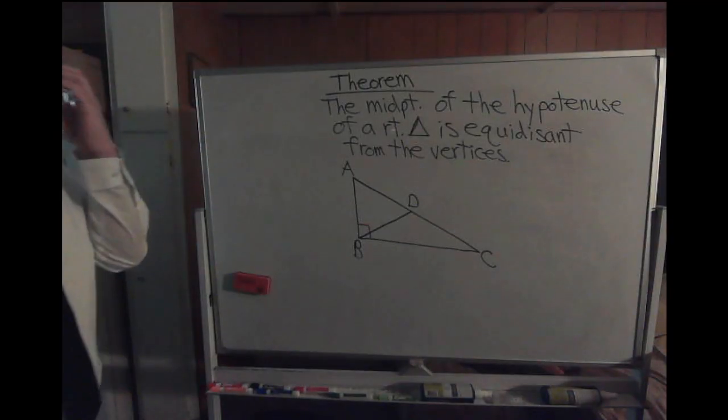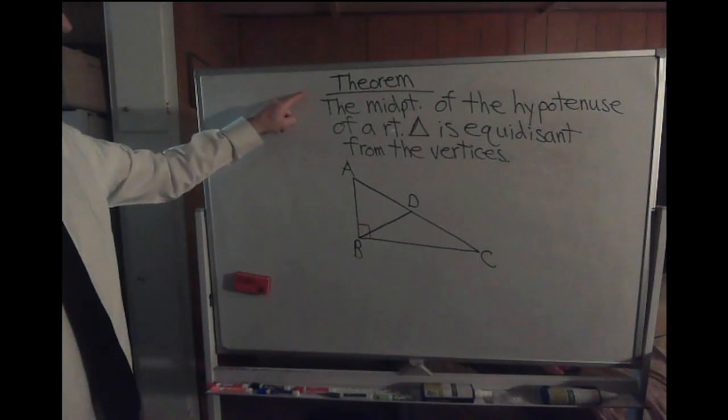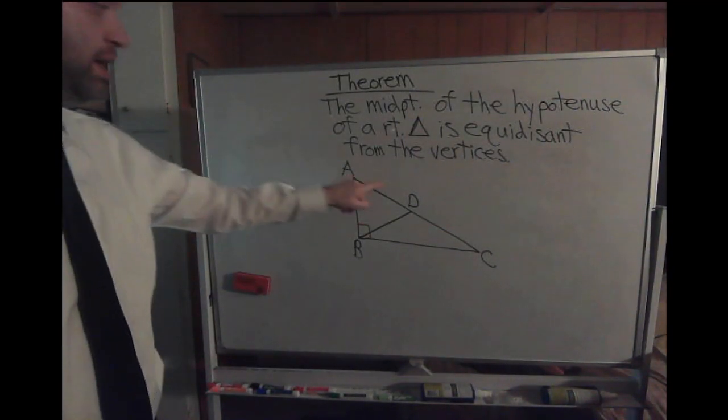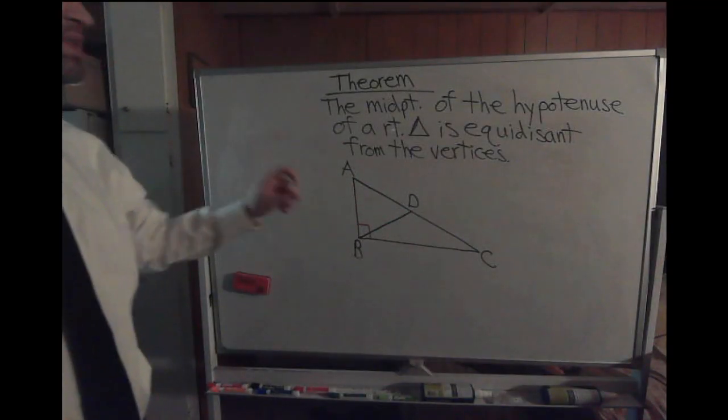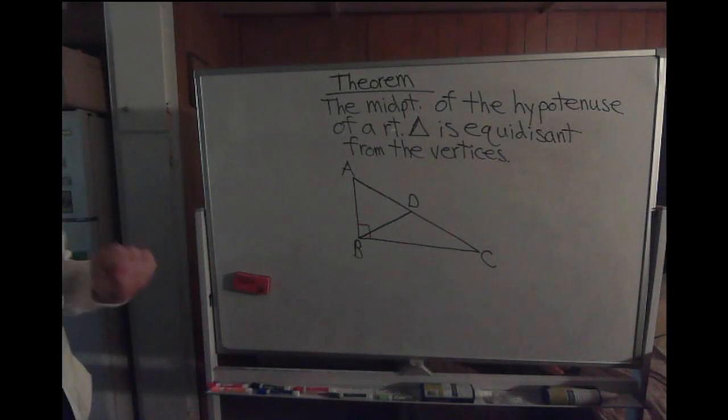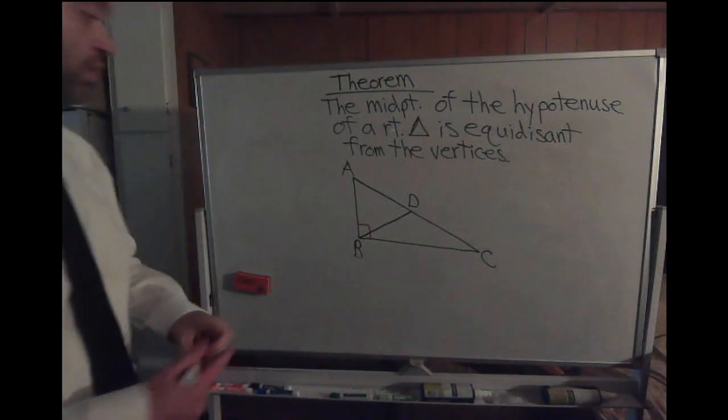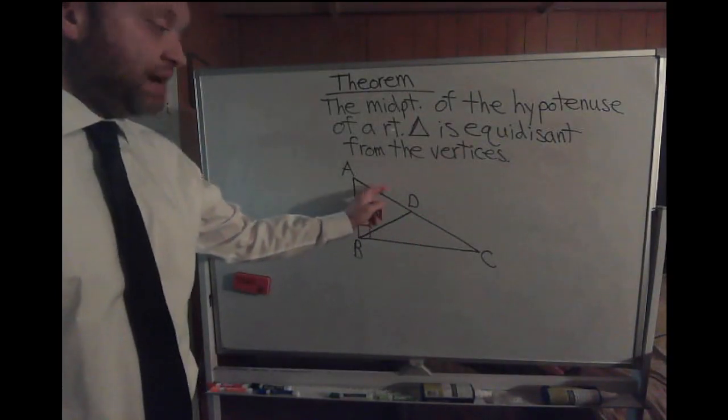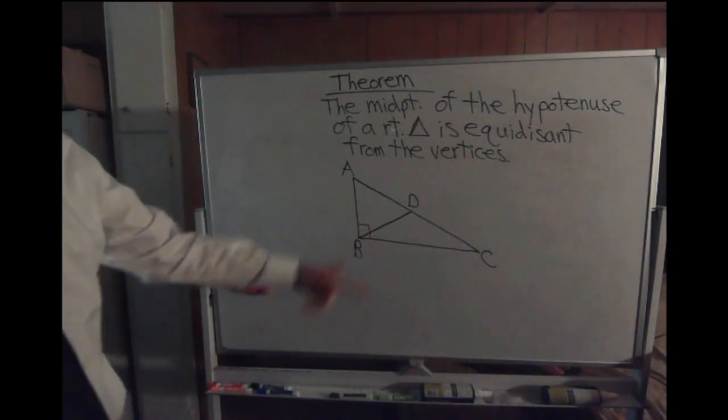So this states here, this theorem states that the midpoint of the hypotenuse of a right triangle is equidistant from the vertices. So what does that mean? Well, D is the midpoint of hypotenuse AC and right triangle ABC, okay?